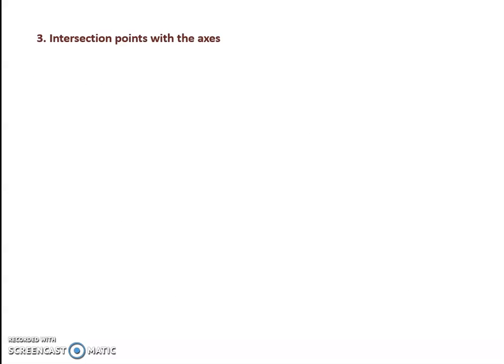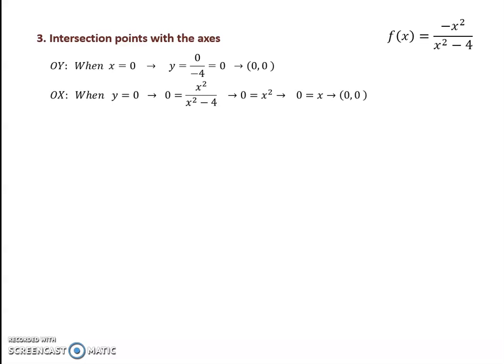Third step, intersection points with the axes, x-axis and y-axis. So y-axis: when x is 0, you need to replace 0 in the function, and we're obtaining y equals 0. So 0, 0 is the point we're obtaining here. X-axis: when y equals 0, so y equals 0 or f of x equals 0.